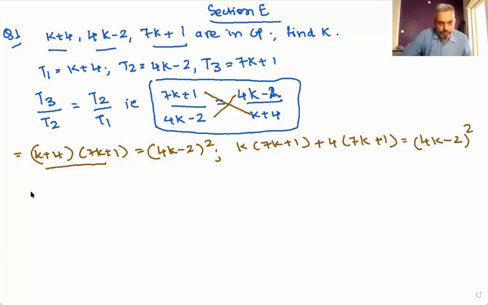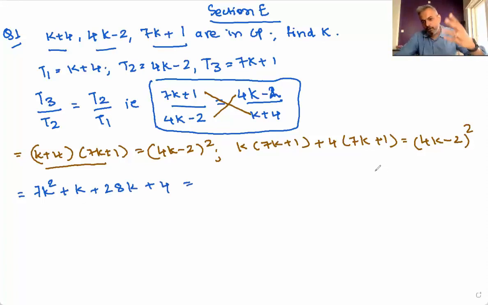Now let's expand this. 7k into k is 7k square. k into plus 1 is plus k. 4 into 7k, 4 sevens are 28k, plus 4 ones are 4, is equal to 4k minus 2 the whole square.